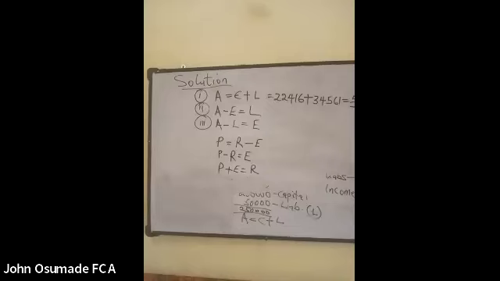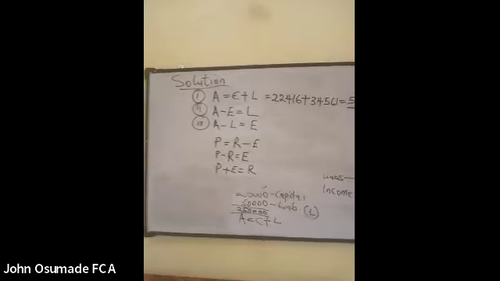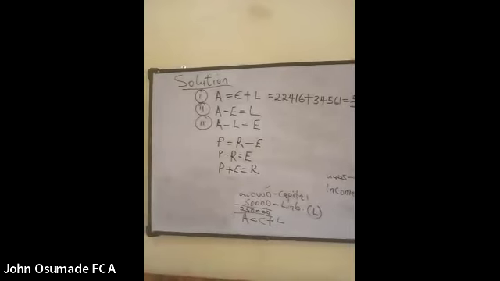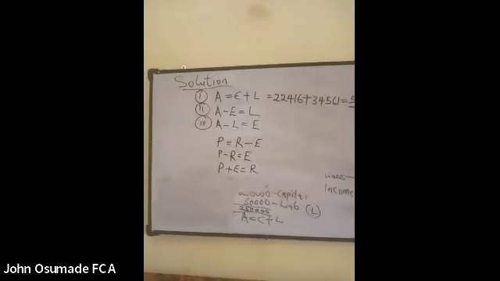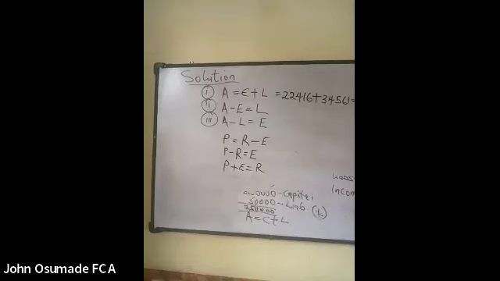Now, this will help us to determine our profit, revenue, even expenses, as the case may be. That's why they put loss. They need you to appreciate that loss is the negative of profit, which is positive.